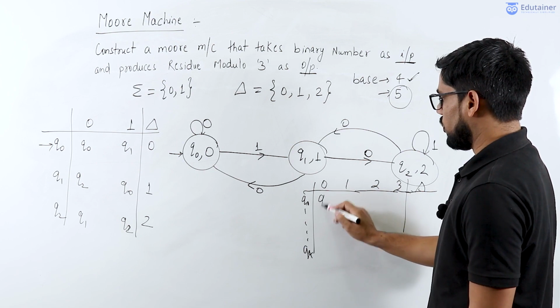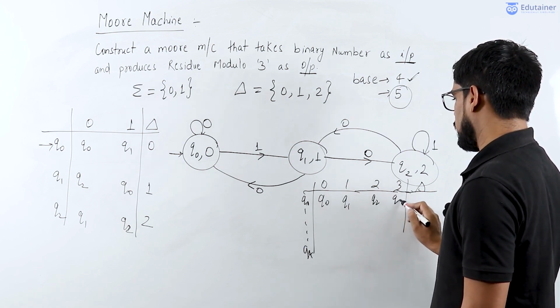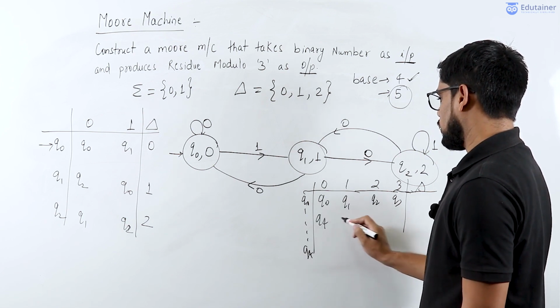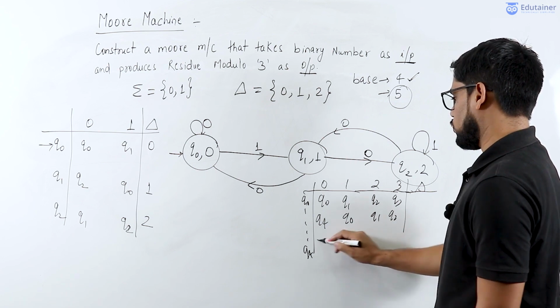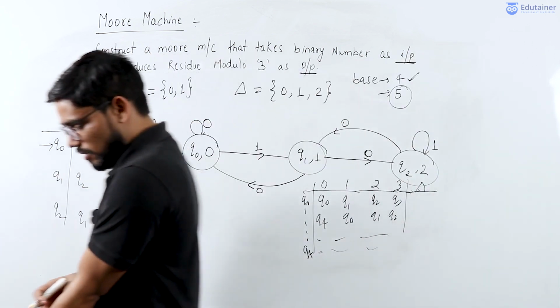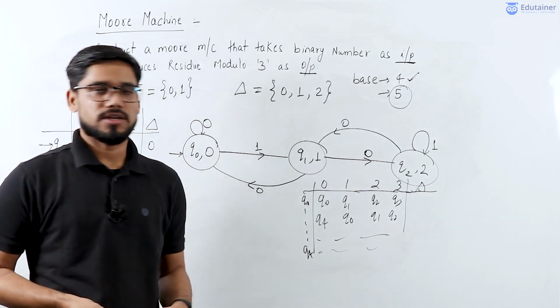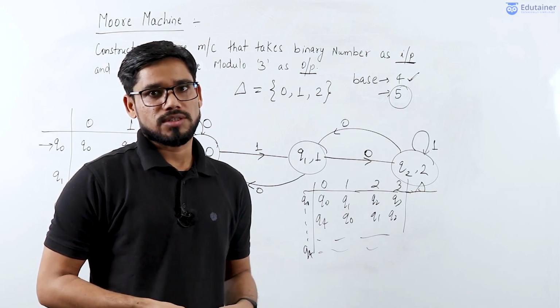You can easily fill up the table Q0, Q1, Q2, Q3, Q4, then after Q0, Q1, Q2 and so on. Okay, so such type of question can be easily handled with the help of a transition table. So first you draw the transition table, and then after that you draw the transition diagram.